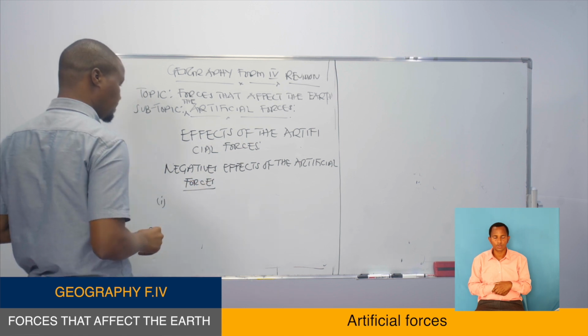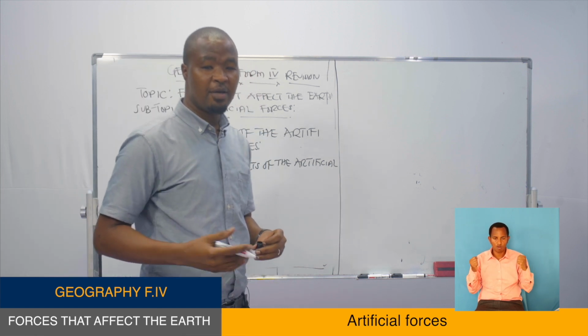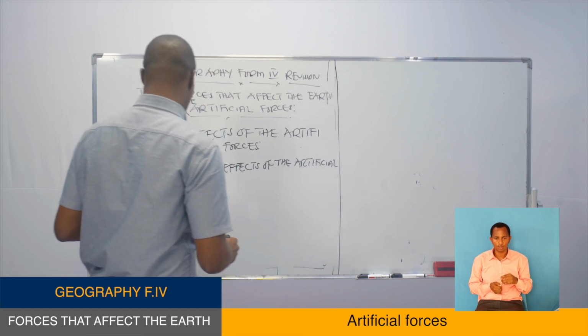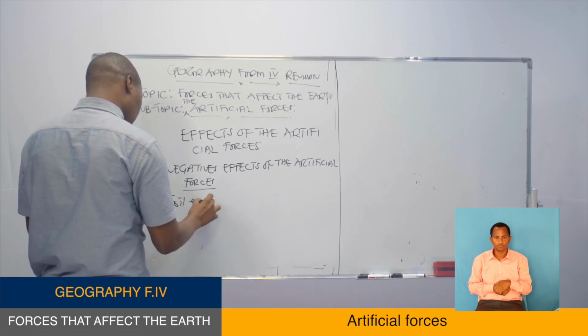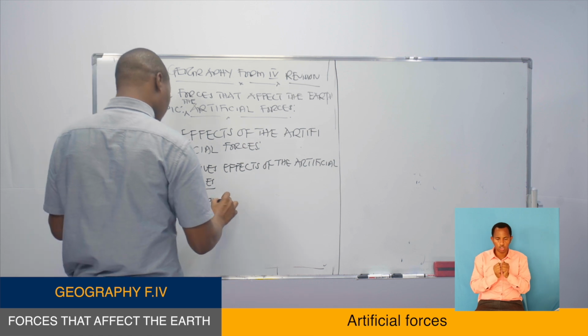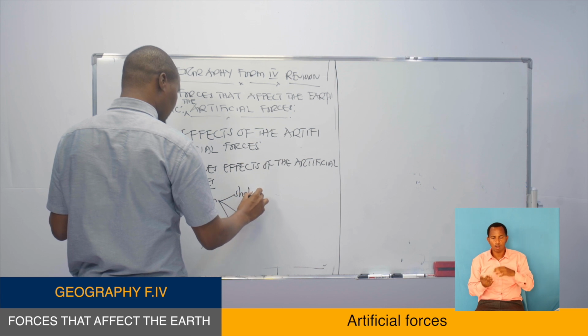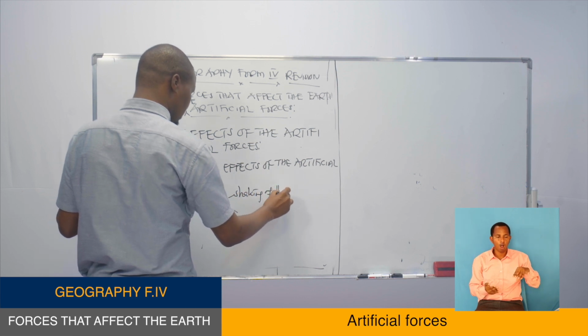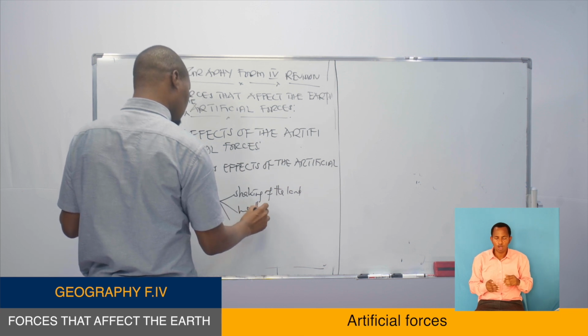The first one, the artificial forces may influence the occurrence of soil erosion. Soil erosion. How? Through shaking of the land, weathering of the rocks.